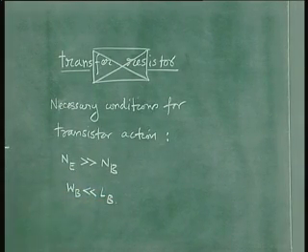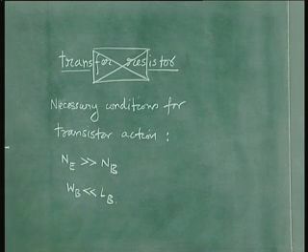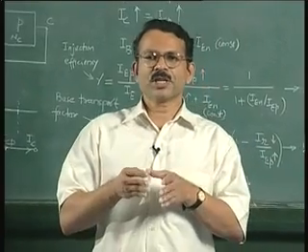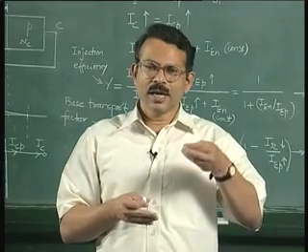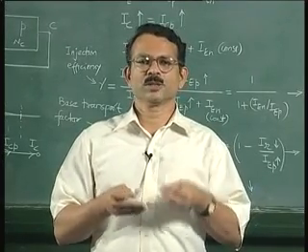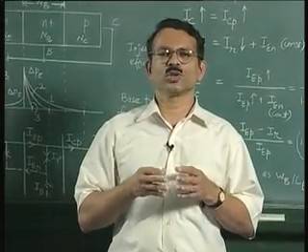So because of this, your injection efficiency is high and the base transport factor is also high. Recombination in base is small and the electron current into the emitter is small. So under those conditions, alpha will be high and close to 1.